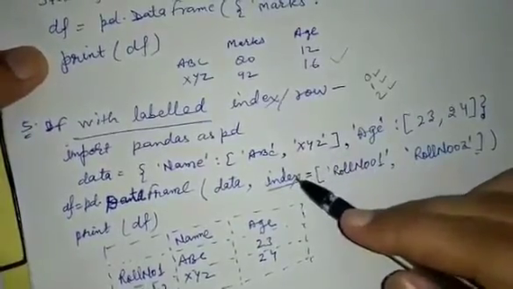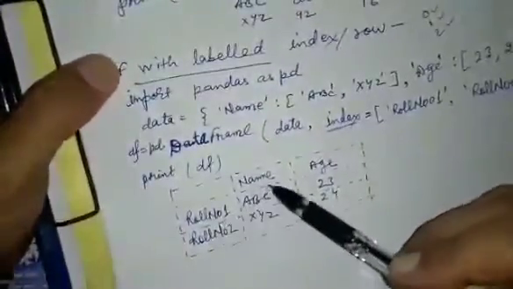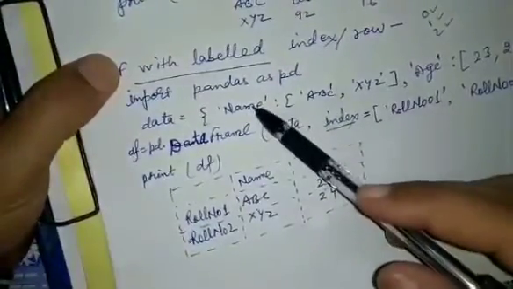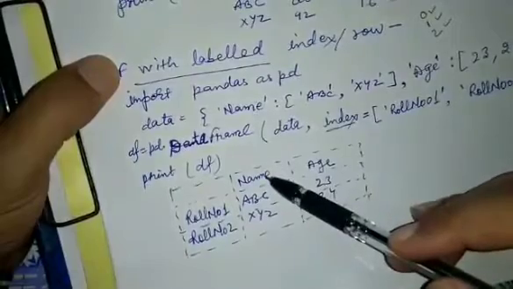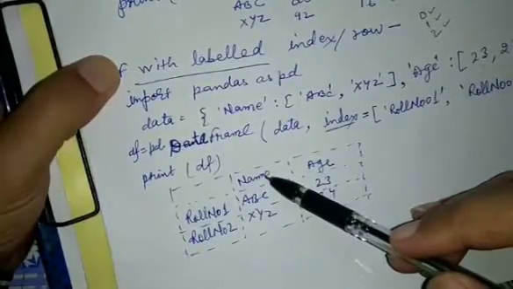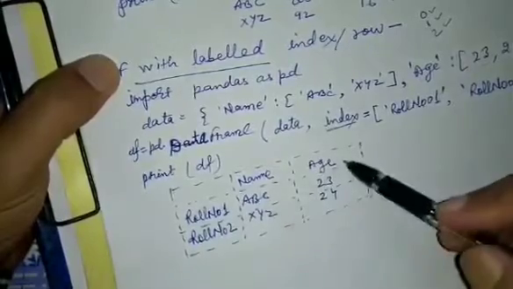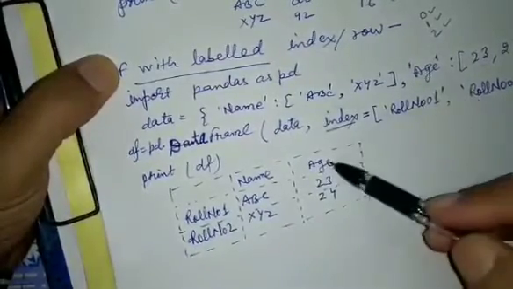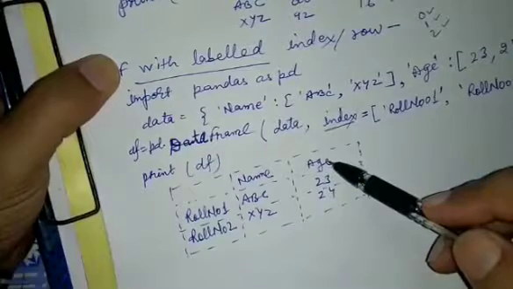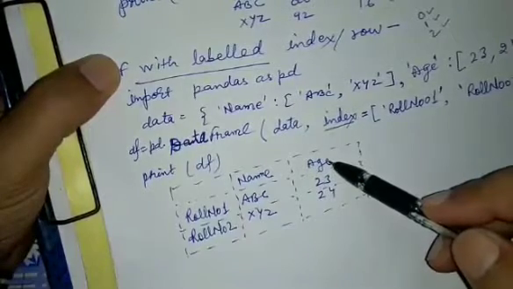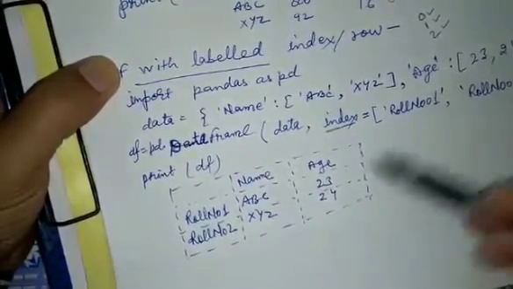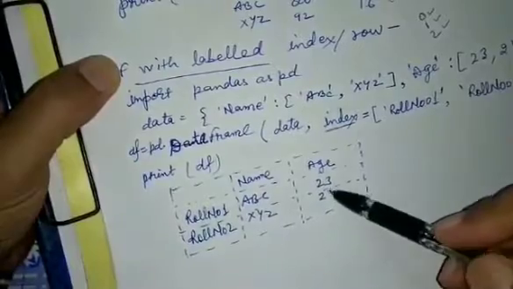Using the columns keyword. Now print this df. You will notice that name will be taken as the column name and its values as the column values. Similarly, the second key is used as the column heading age and its values will be the column values.